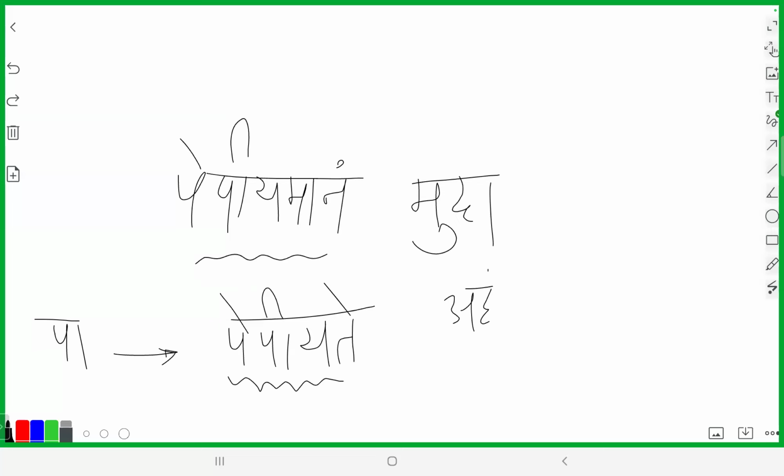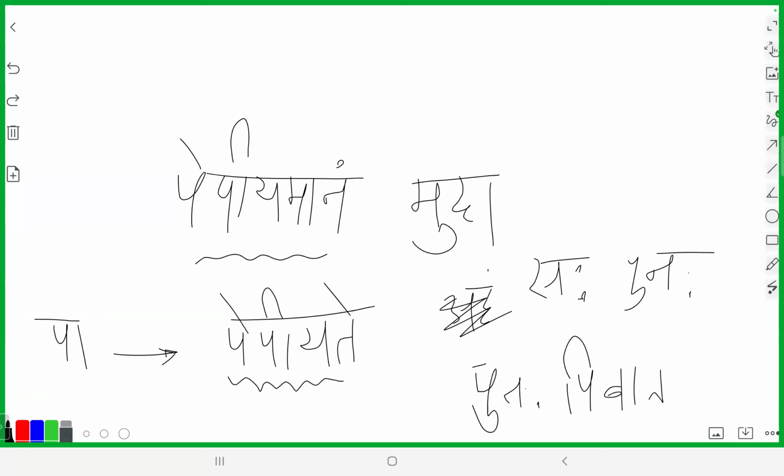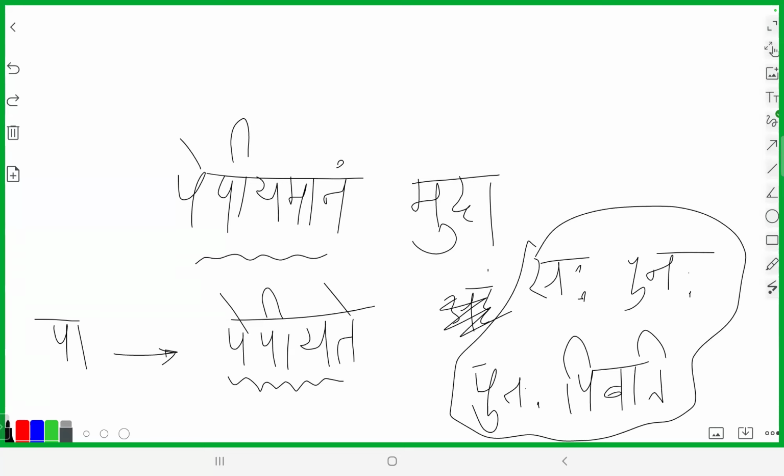For example, you want to say saha punah pibati. See, people who don't know grammar, I mean that extent of grammar and that extent of Sanskrit language, they will say saha punah pibati, right?